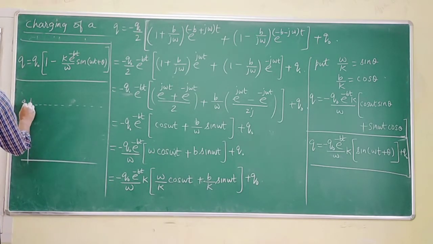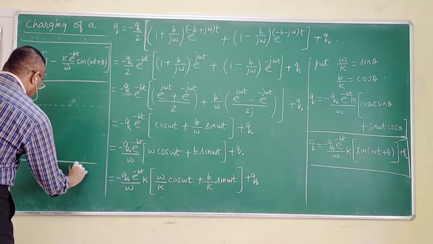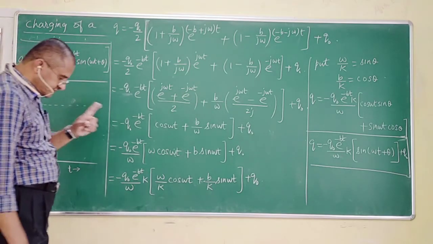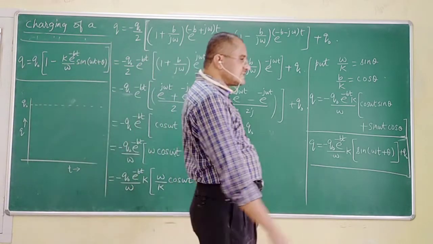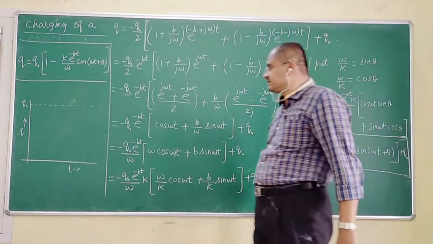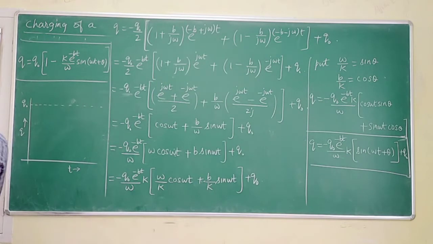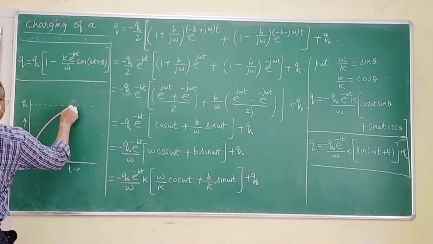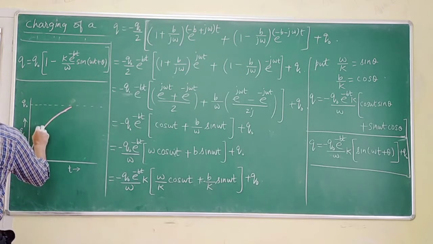Let us say this is the maximum value q naught, charge q, this is time. In the first case, the charge is critically damped. Let me draw that first. The critically damped charge, I will mark it as A.